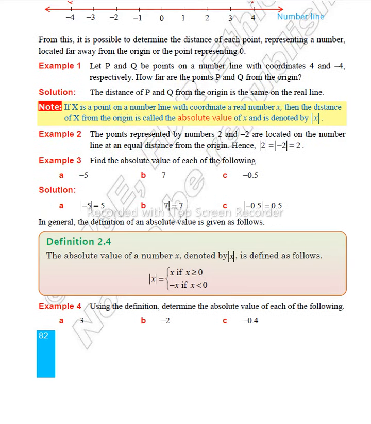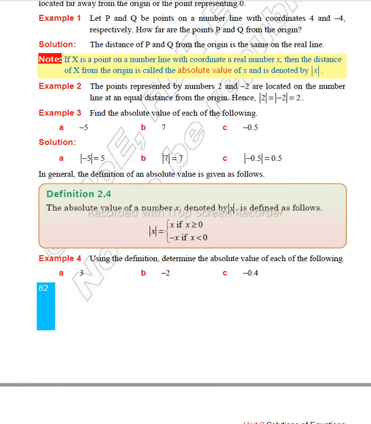So let us see this example. Find the absolute value of the following numbers. This is the absolute value of -5. Here we have 5, because the absolute value of a negative number, when it comes out, will be positive. The absolute value of 7 is already 7, it is very simple. The absolute value of -0.5 is 0.5, positive.